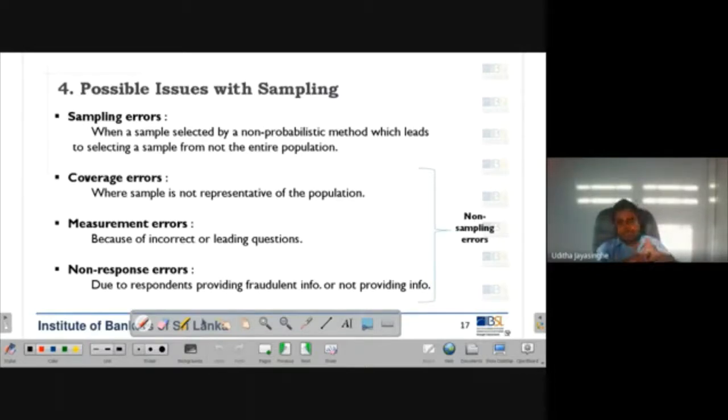Second one, measurement error. Incorrect and leading questions. Now, you have given an equal chance to everyone to be selected, but then again, the questions that you have put in place are going to give them a leading answer, something like a hint hidden in the question.